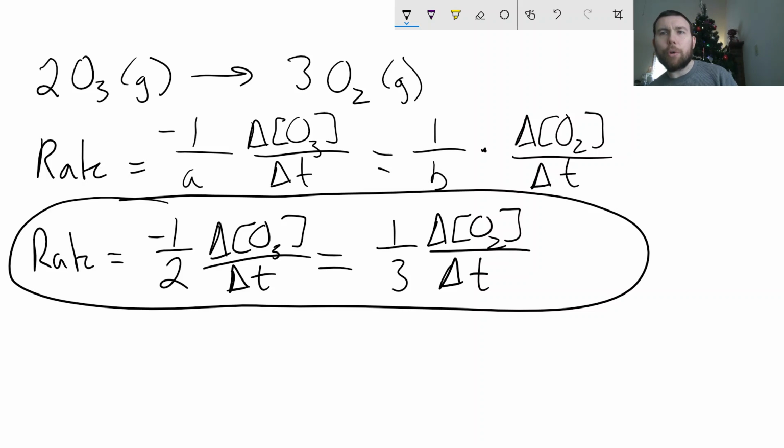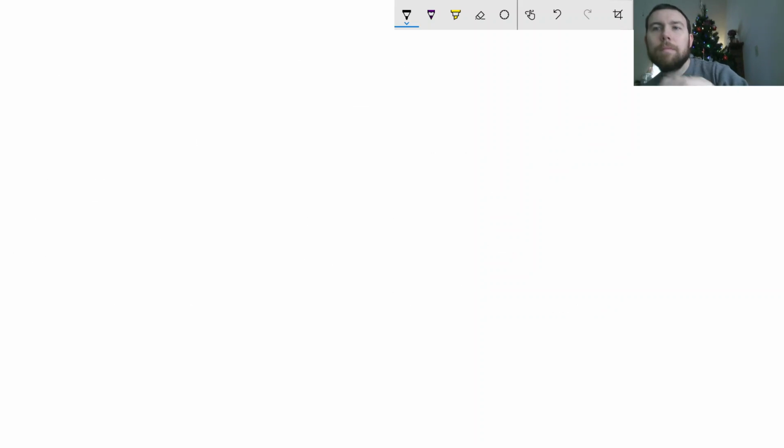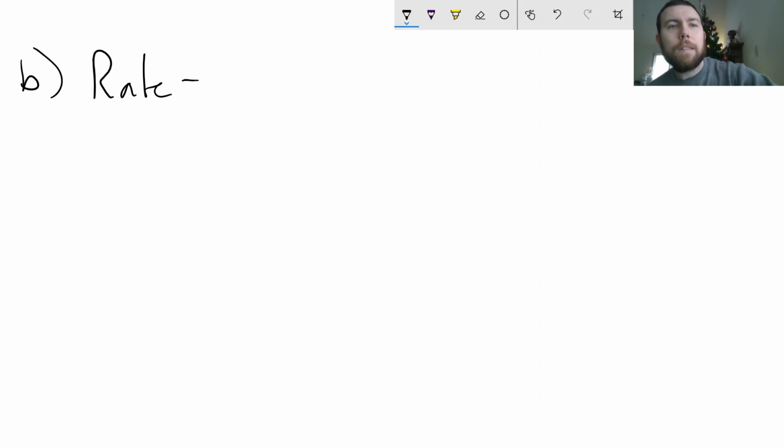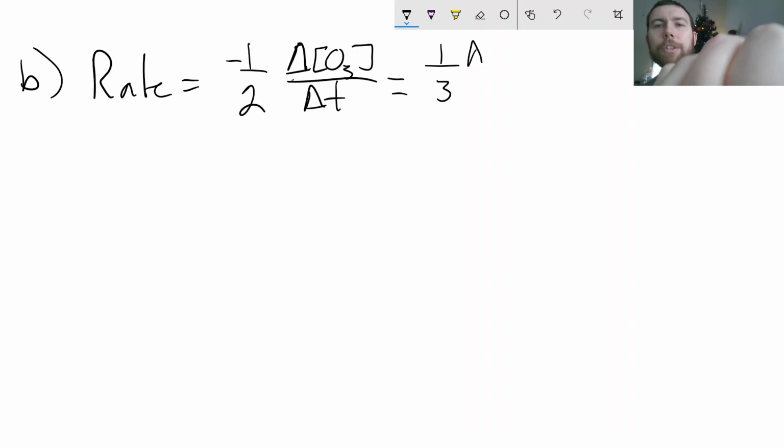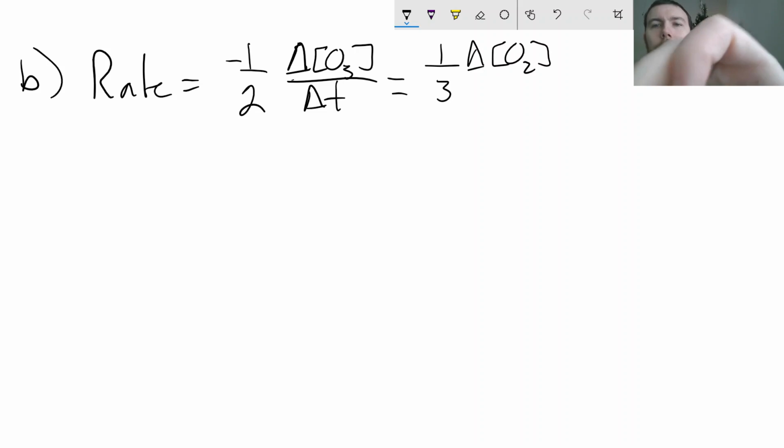Right? And so to do that, let me go ahead and clear that. And so again, this is for question B, and we're going to need those rates. So we're going to write those: rate equals negative 1/2, oh, whoops, I flipped them. So it's negative 1/2 the change in concentration of ozone with respect to time equals 1/3 the change in concentration of oxygen with respect to time, right?